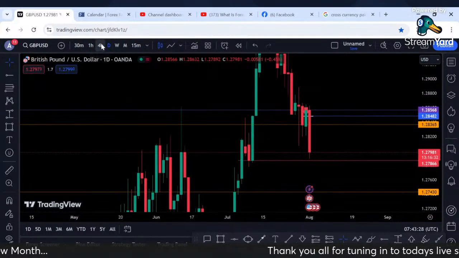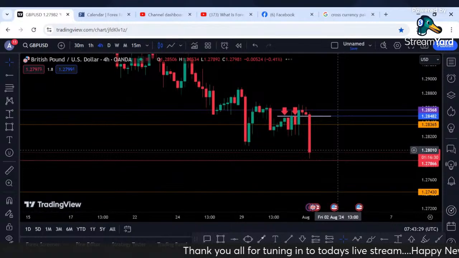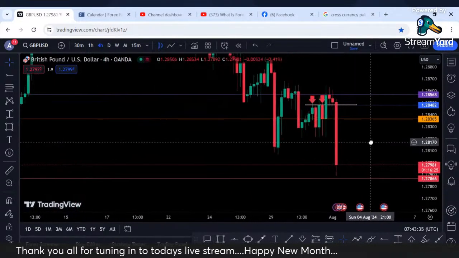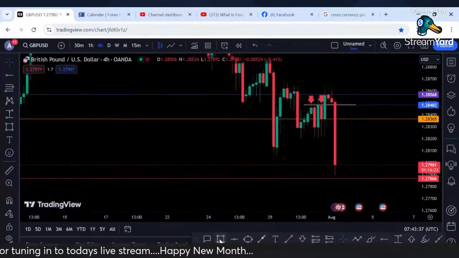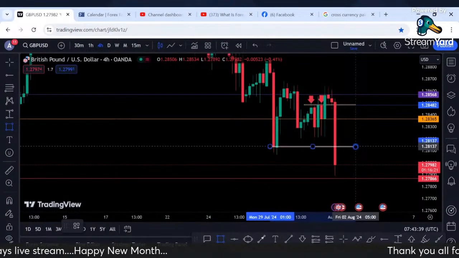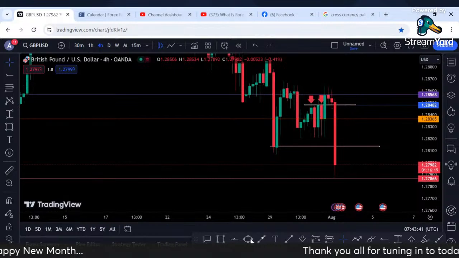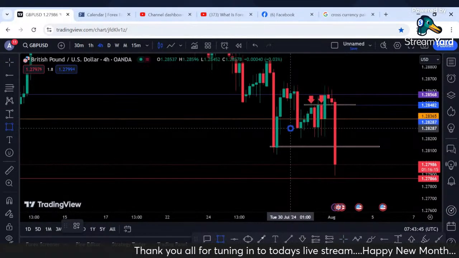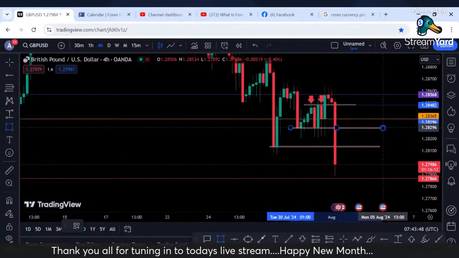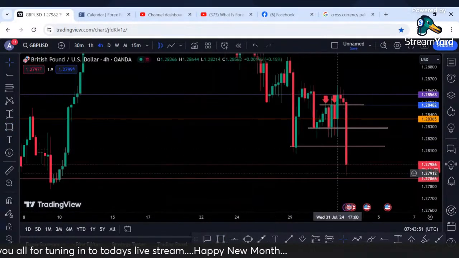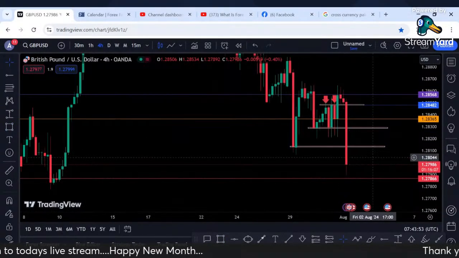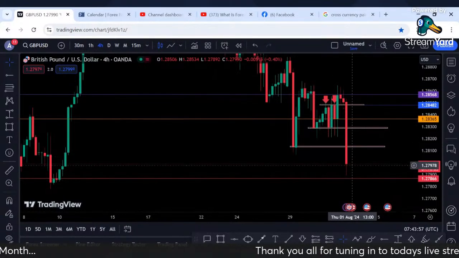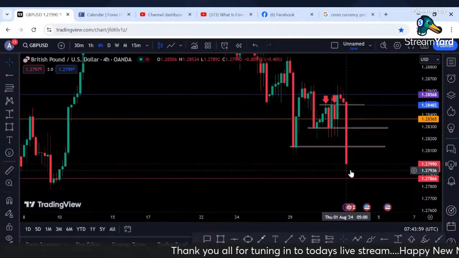So now there has been a clear break. The market has moved from consolidation. The next point that it might retest, you wait for tomorrow. But since we have more high impact news, it might retest over here, come back, retest over here, come back.